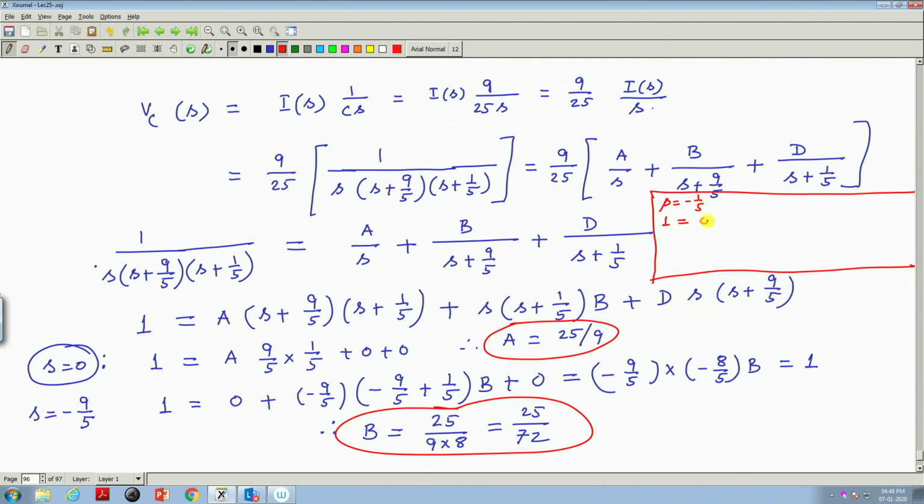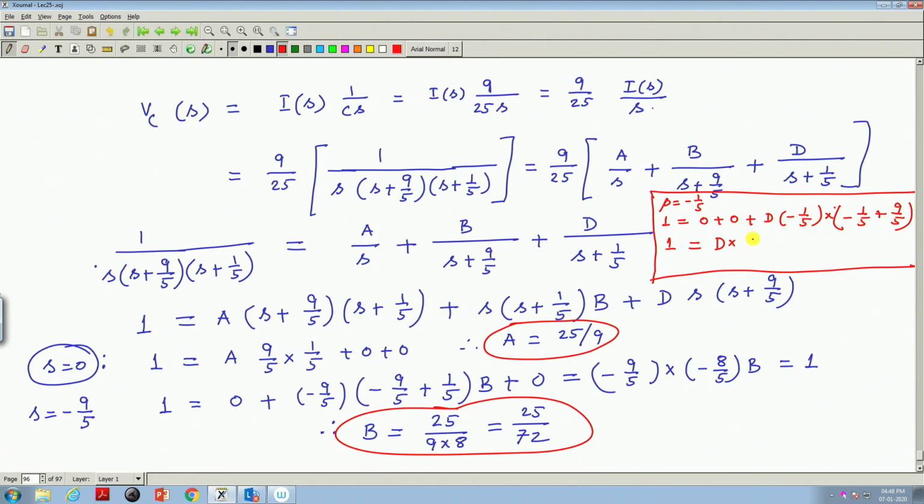It will be equal to 0 plus D into minus 1 by 5 into minus 1 by 5 plus 9 by 5, which is 1 is equal to D into 8 by 5.